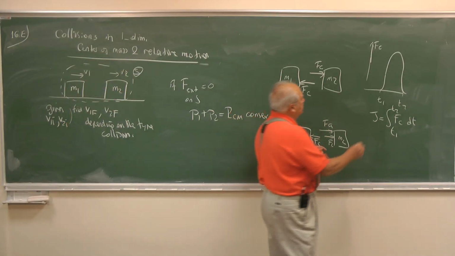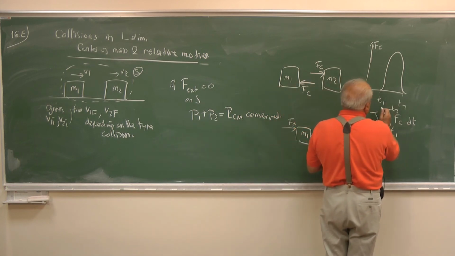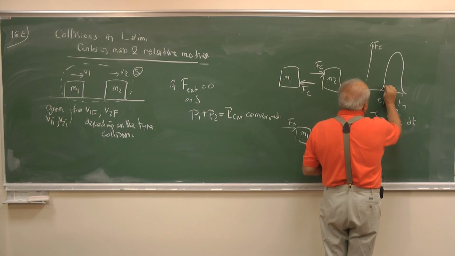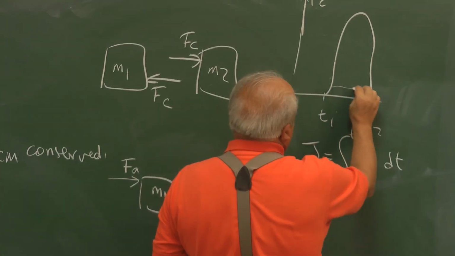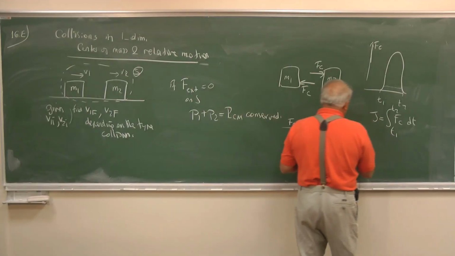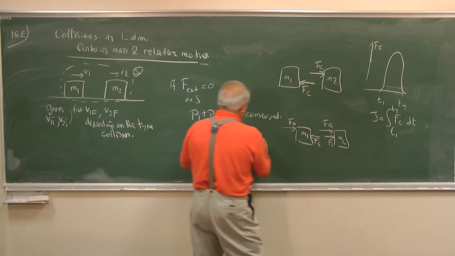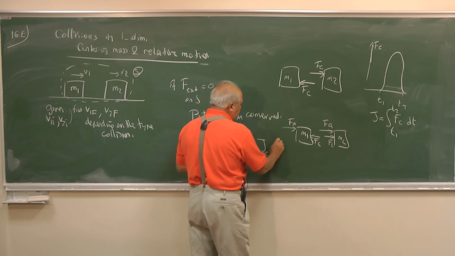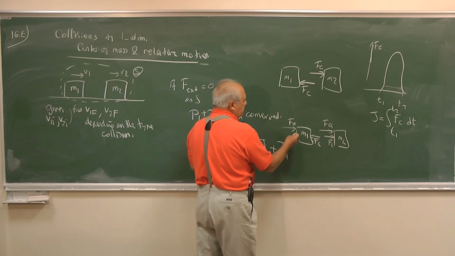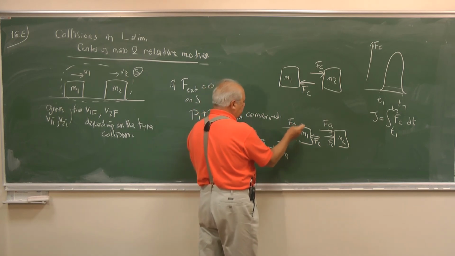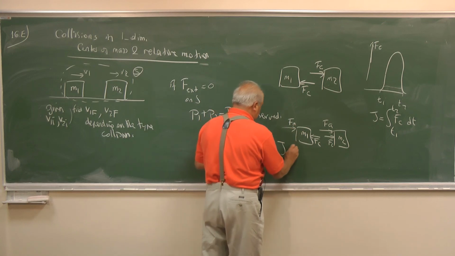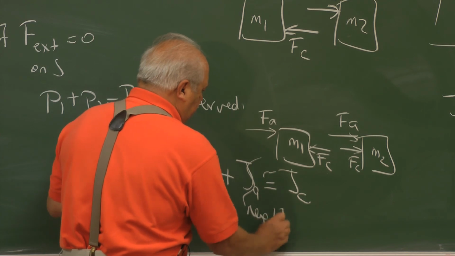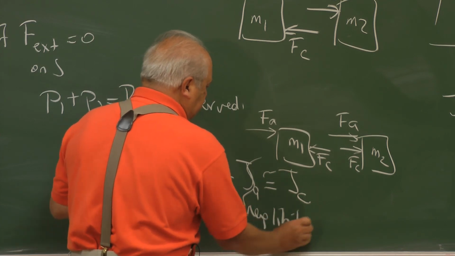It's just that T1 to T2 is so small a collision time, that the impulse due to other reasonable forces like gravity is negligible compared to J collision.